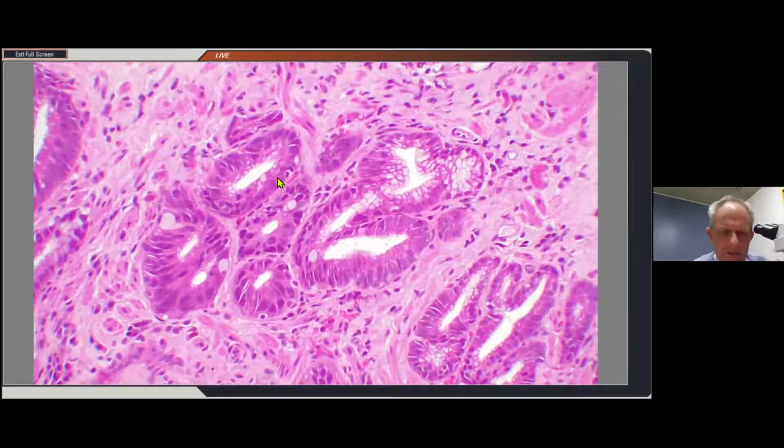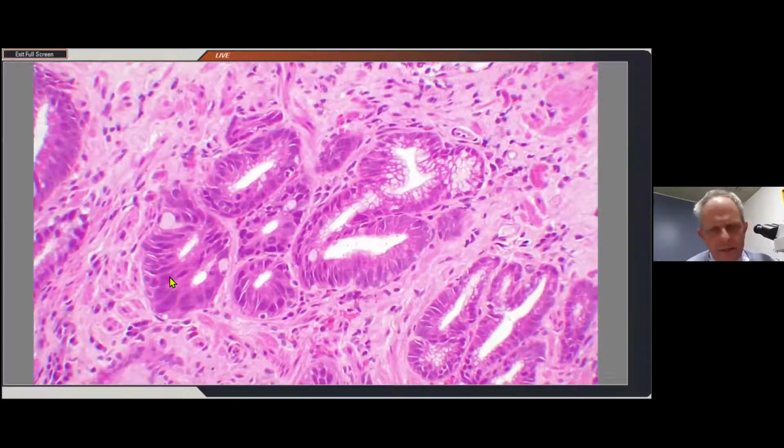To the uninitiated, it would be very tempting to suggest that this is dysplastic, because it goes against our histopathological training that we should not ignore these changes. But the convention is that we should report this particular change, because we're not seeing it in the superficial epithelium, as indefinite for dysplasia.